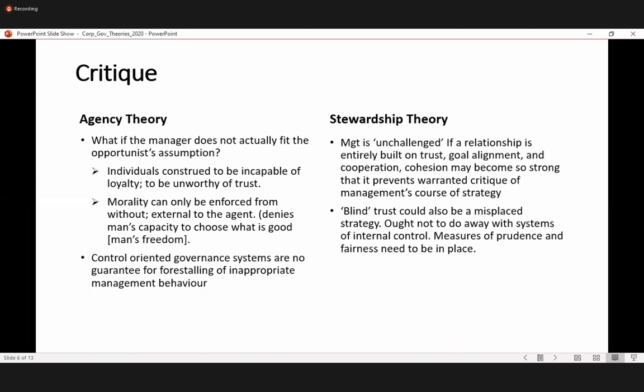Even Enron and WorldCom had appropriate internal controls, but they were not good enough, not sufficient, not adequate to prevent them from doing those things.